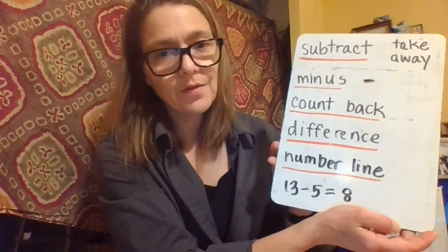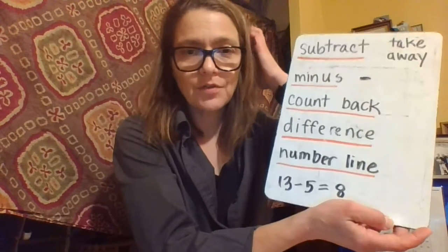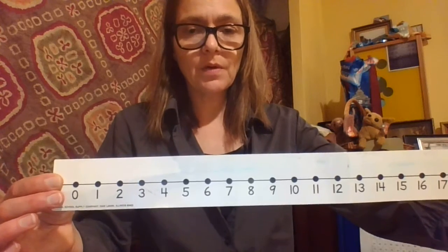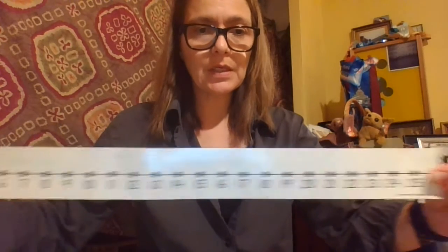Okay, and you just did some work in the solve and share on a number line. A number line looks like this, and it has every value on it, usually starting from 0 and counting up. This one's going to end at 25.